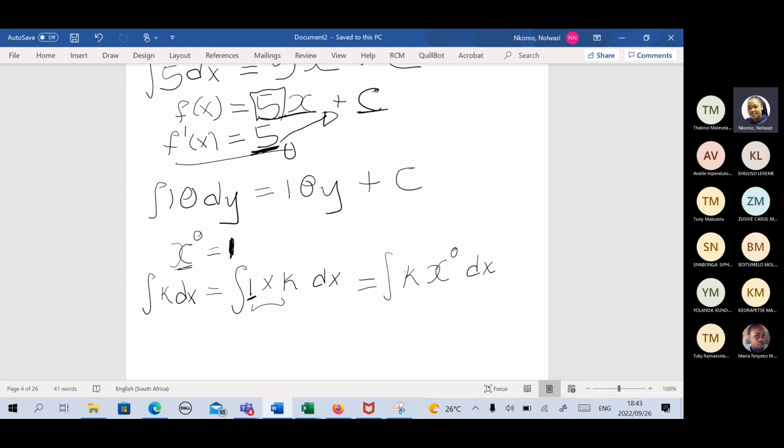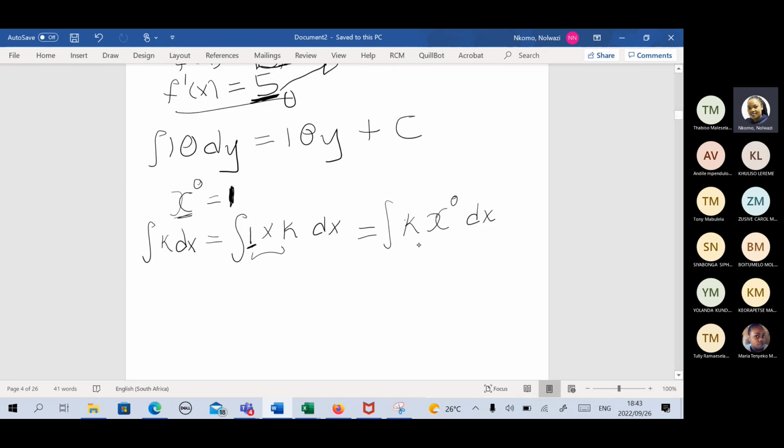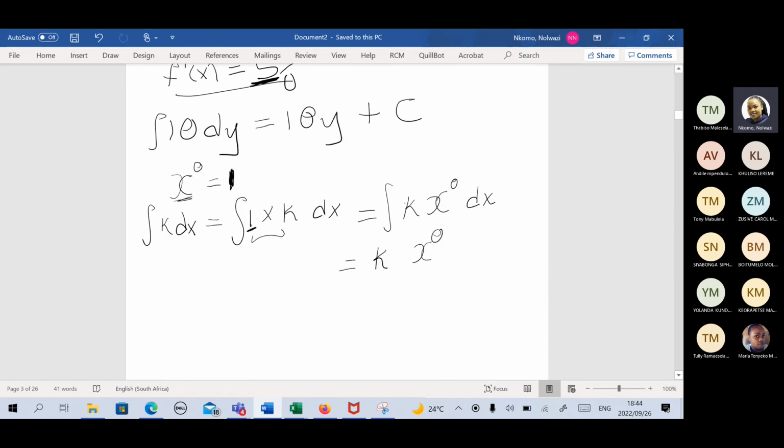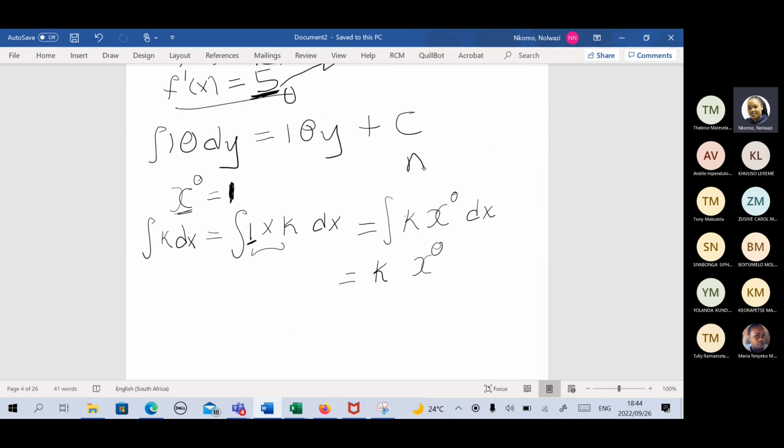If you want to apply the power rule for integration here, let's take this k out. This is our power rule: we add 1 to the exponent n, and then we divide by n plus 1. In this example, our n is equal to 0. So we have x to the power 0 plus 1 over 0 plus 1, plus the constant of integration.